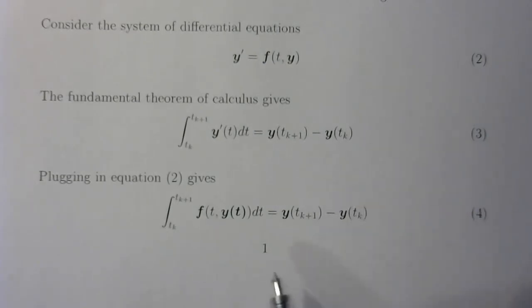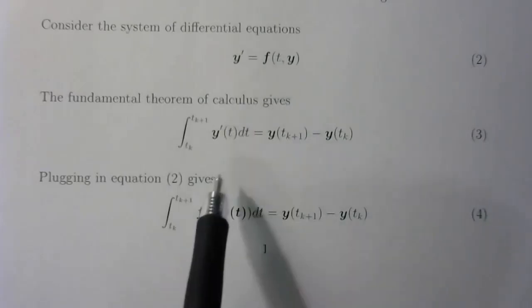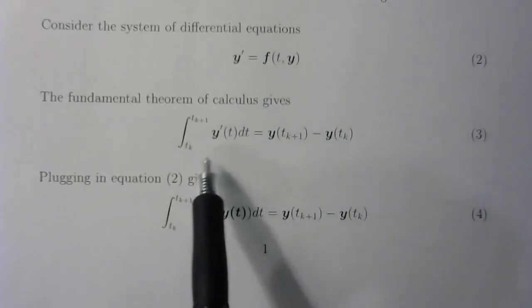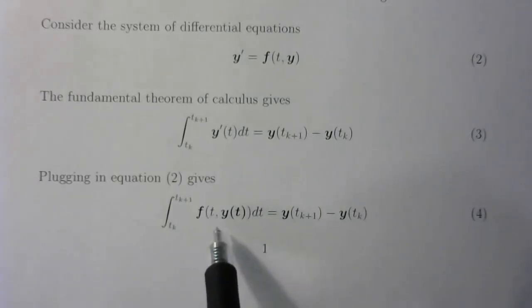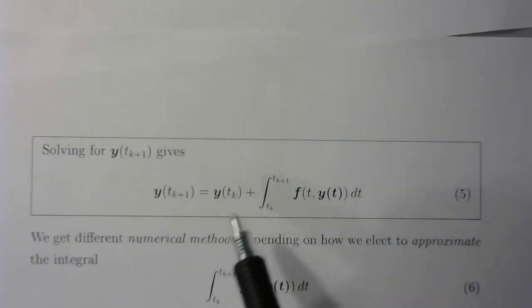When I plug equation 2 into this formula, I don't have a y prime anymore, which I don't really know, but I have instead the integral of function f, which I am given. And if I solve for y at tk plus 1, I get a formula that looks like this, right?